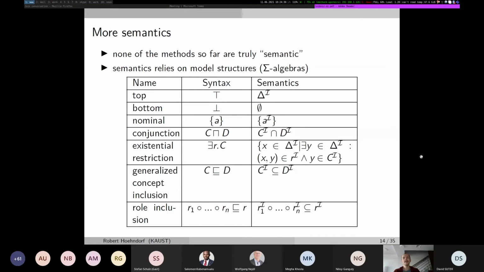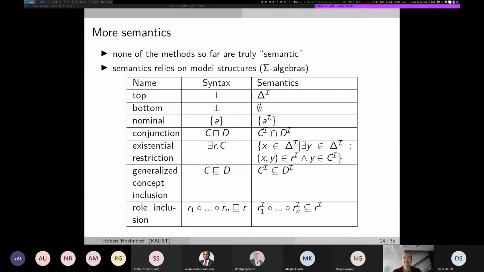And when I talk about semantics, I mean the model-theoretic semantics of the ontologies that we use in biomedical applications. So this is the semantics, the formal semantics of a relatively lightweight description logic called EL or EL++.